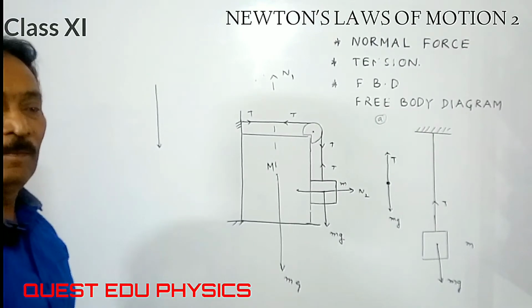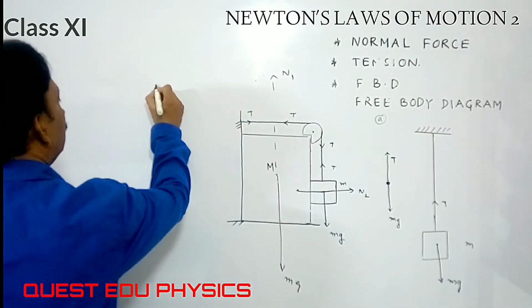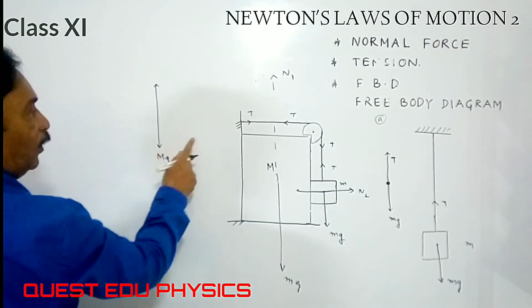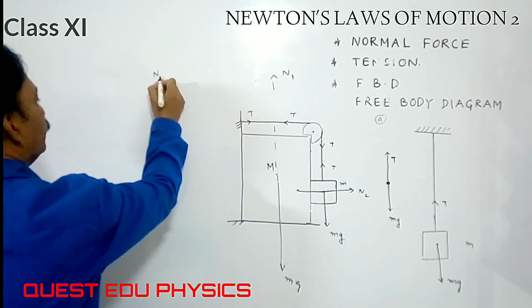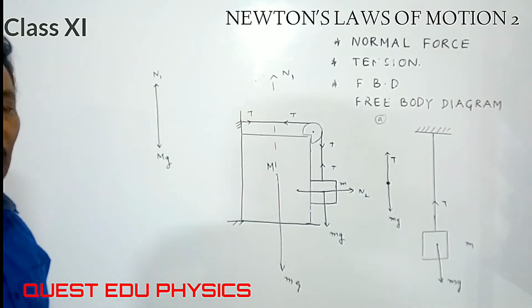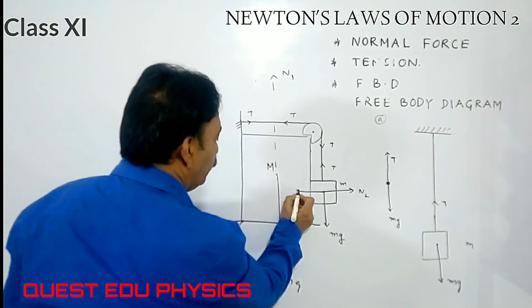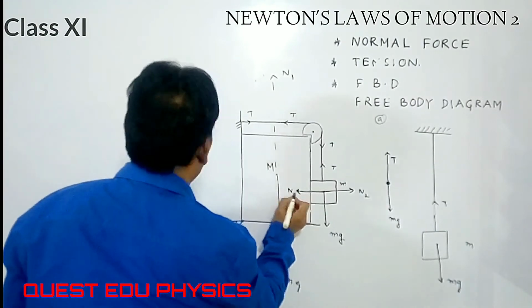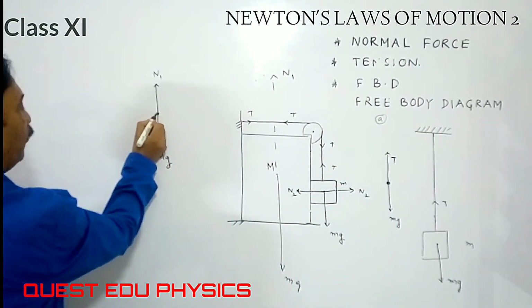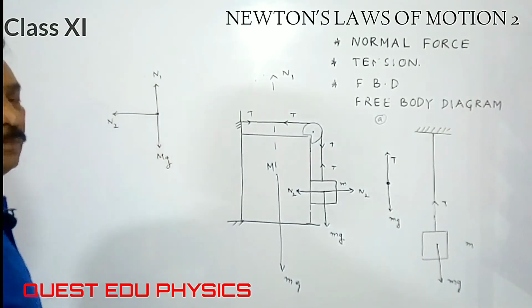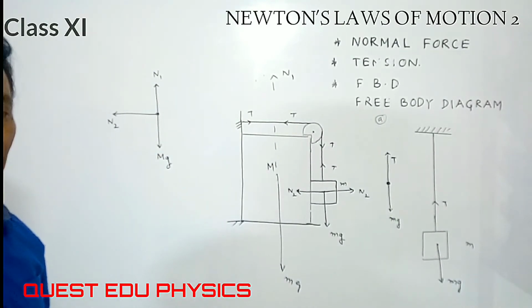It is equal to mg, and the normal reaction, I said N1, and we need to find the normal reaction, N2. I am taking the reference point. This is a free body diagram.